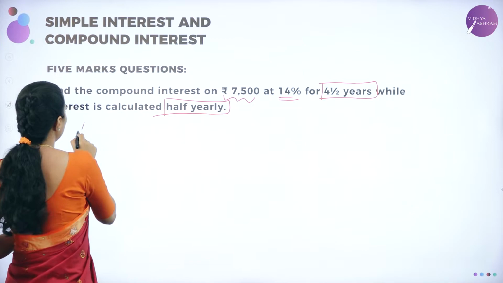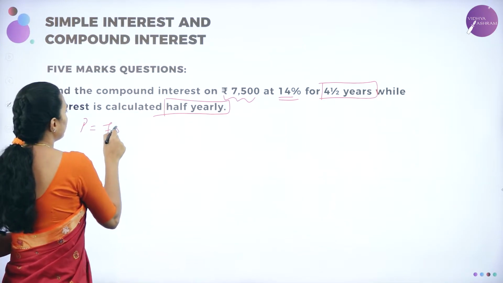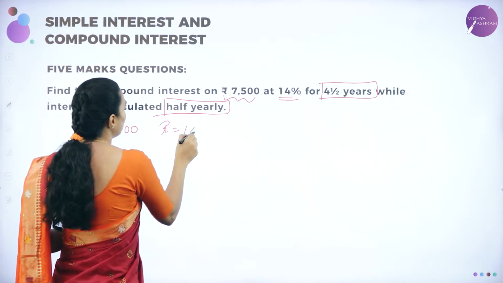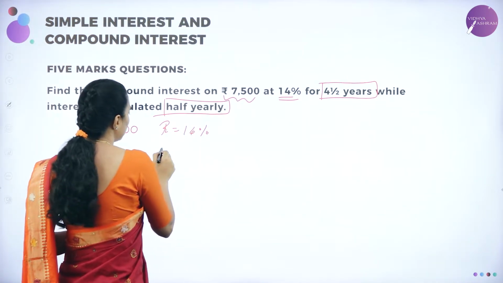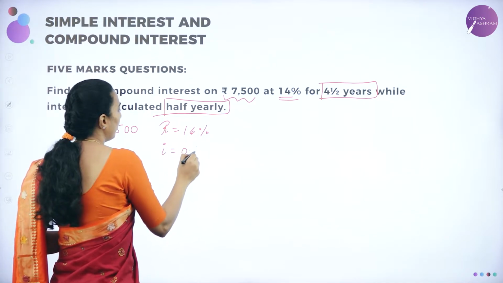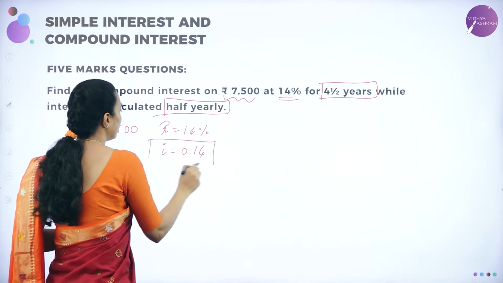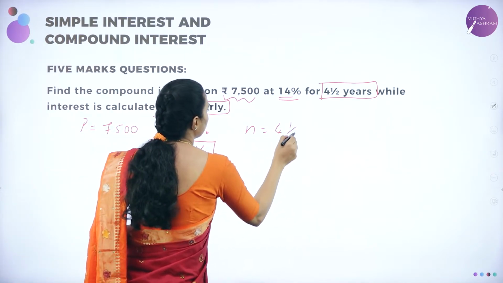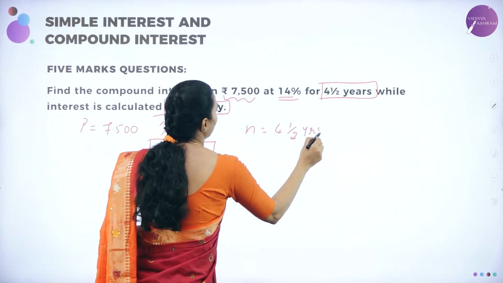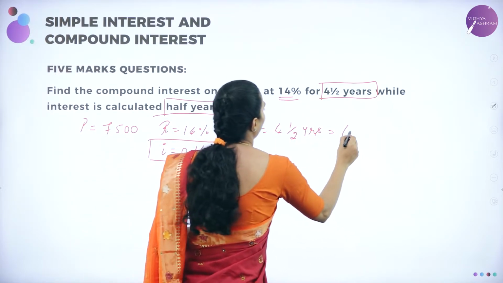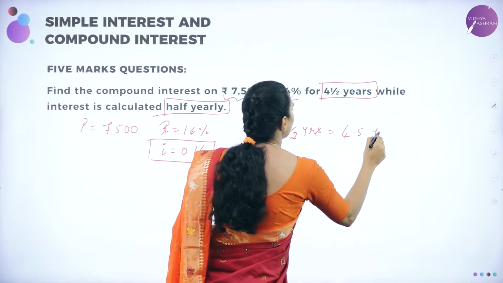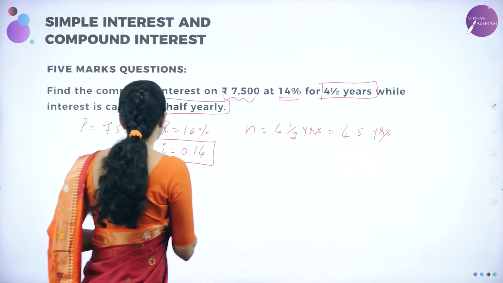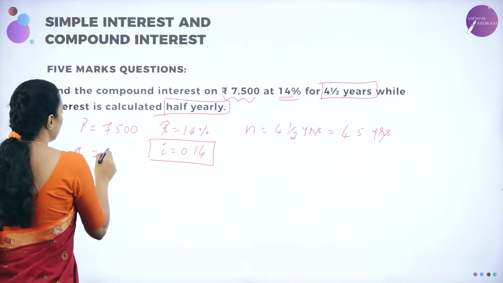Let me write P is equal to 7,500 and R is equal to 14%, which can be written as I is equal to 0.14, correct? And then N, they have given it as 4.5 years, correct?